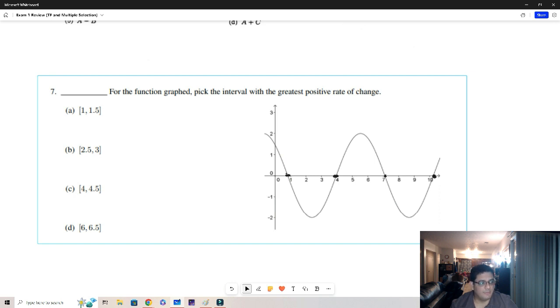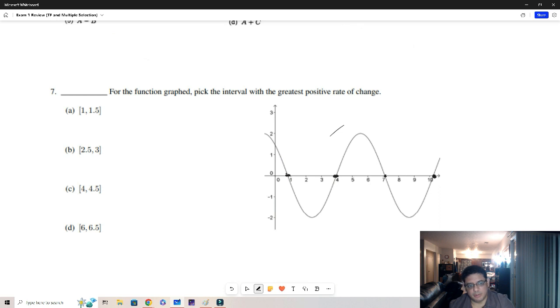So when we're looking for positive rate of change, we're going to find out that this is likely the point and this is likely the point for greatest rate of change. This is a positive rate of change at maximum. Same thing with this one.